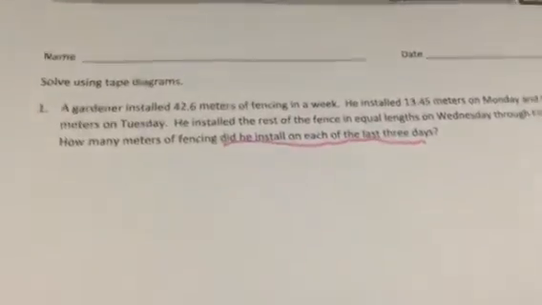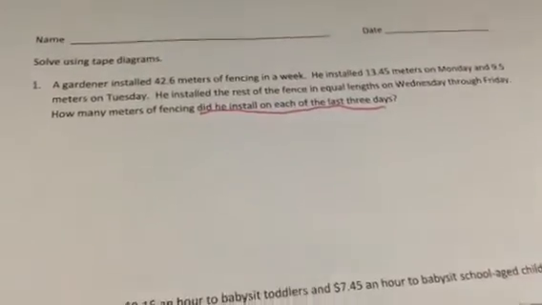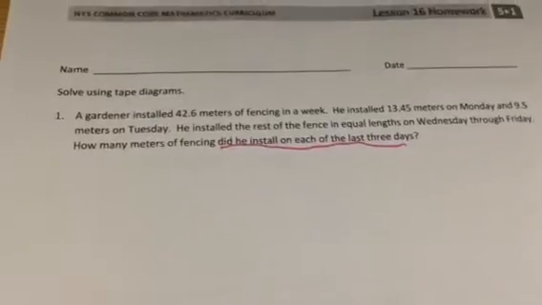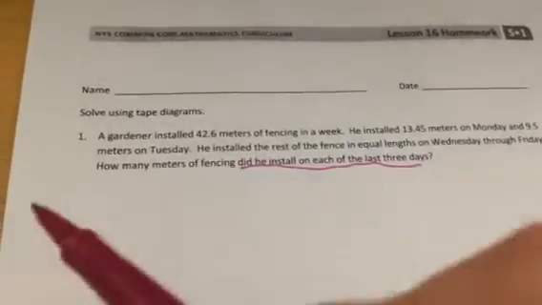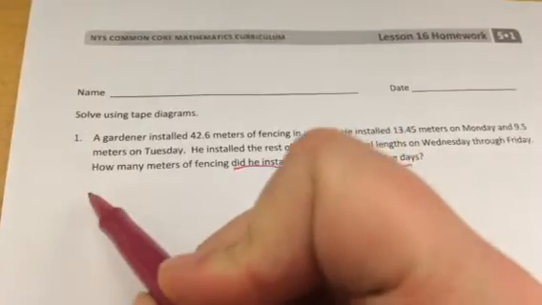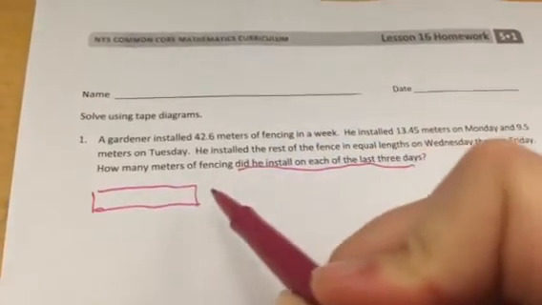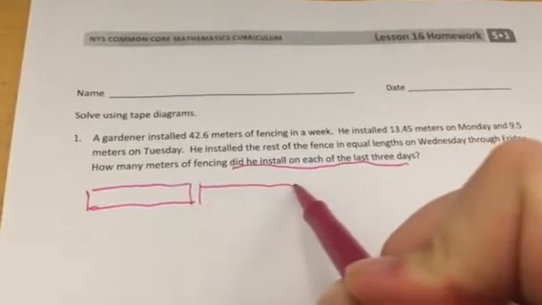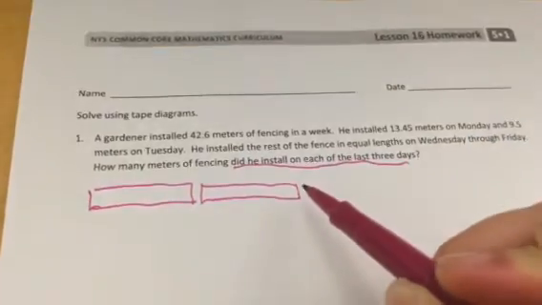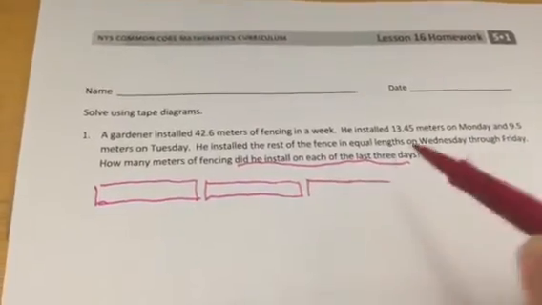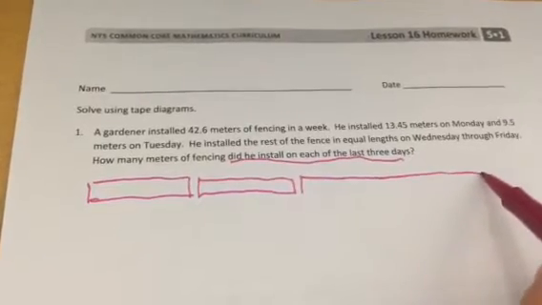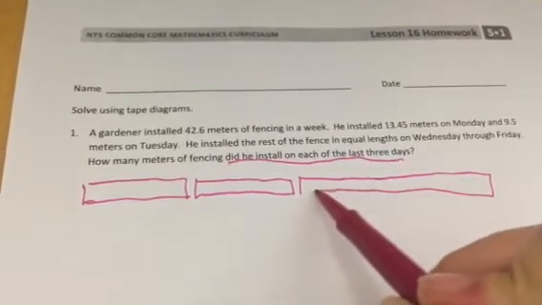Now, what I'm going to do is start by trying to figure out his week. So we know this is Monday, and then we know Tuesday, and then we know he has the rest of the week, Wednesday through Friday. I'm going to make that a little bigger so that you can see it.